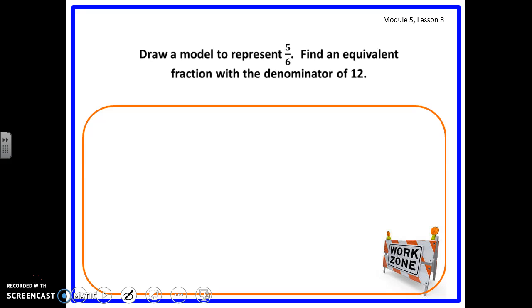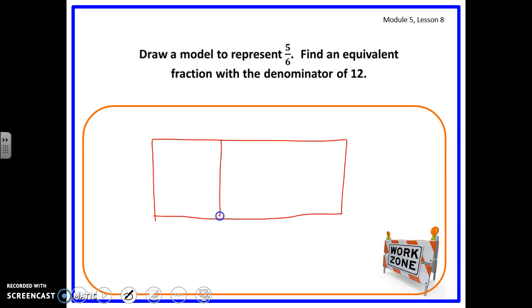Okay, draw a model to represent 5/6, and find an equivalent fraction with a denominator of 12. Okay, so all we have to do is draw a nice model. And it does not have to be perfect. What you want is for your boxes to look pretty close.